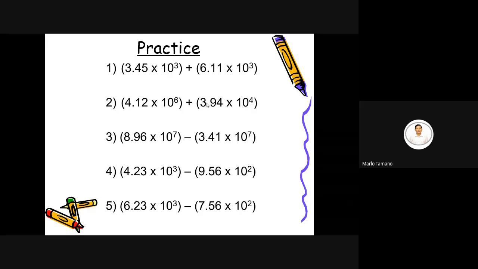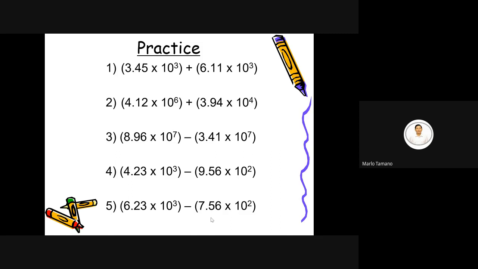Imove yung decimal dito ng one place to the left. One place lang po. Kaya magiging 0.756. So 6.230 minus 0.756.